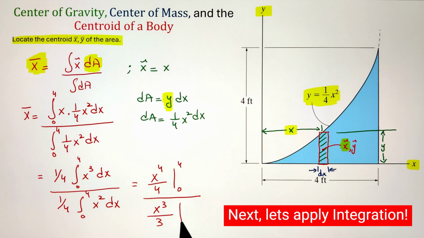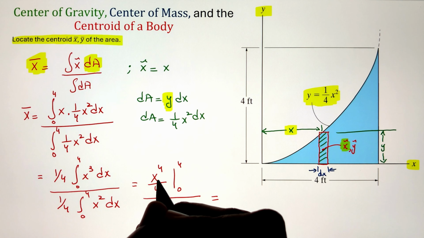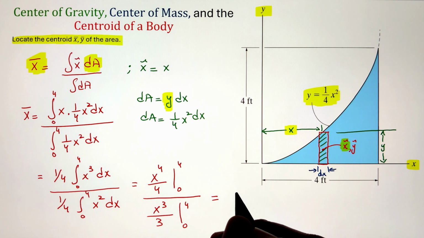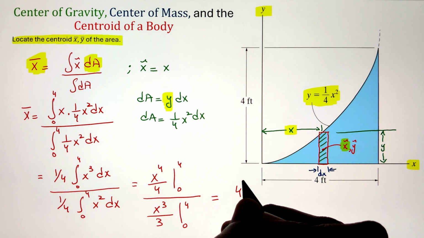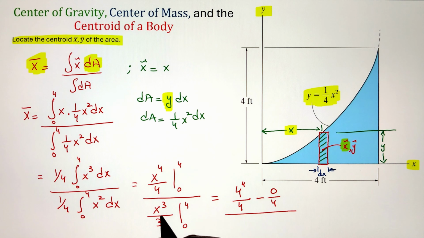Similarly, integration of x squared will be x raised to power 3 divided by 3. Next, we have to plug in the limits to solve for our x bar. So simplifying and plugging in the upper limits and subtracting the lower limits out of it, we are getting the value of x bar as 3 feet.